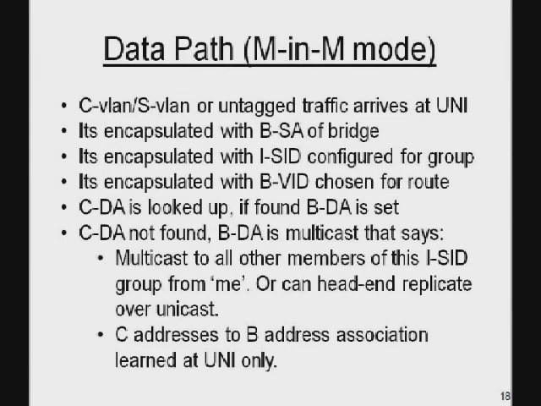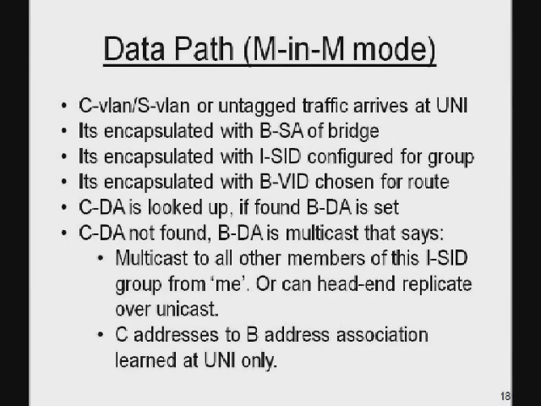And then the interesting part happens. We look up the end station address. If we find it, we know exactly what egress node that corresponds to, so we insert the destination address as the egress MAC address of that end box, and off it goes unicast.